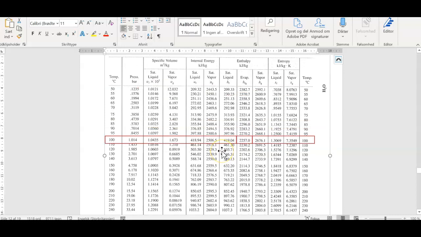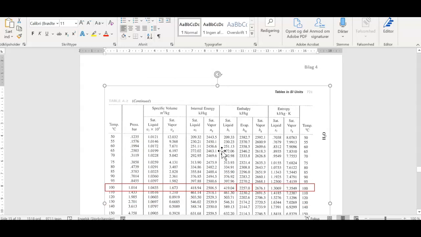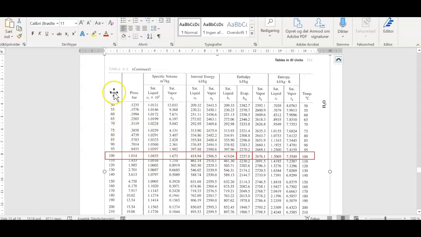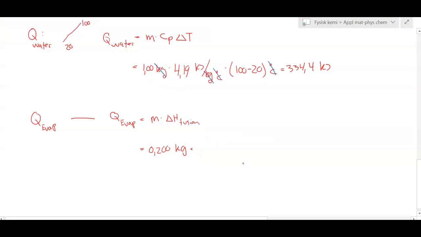And now what we want to understand is that it is at atmospheric pressure. The water boils at 100 degrees centigrade. So we go into the steam table where the column is sorted for temperature. And then we want to find the position where we have the enthalpy for evaporation, which is here. So we have 2257 kilojoules per kilo.